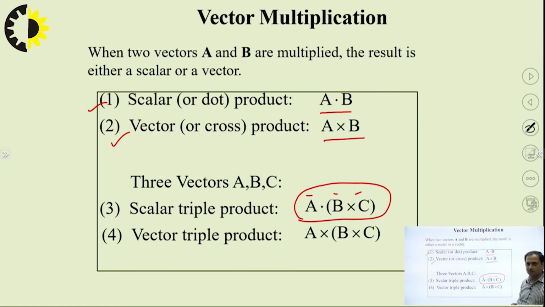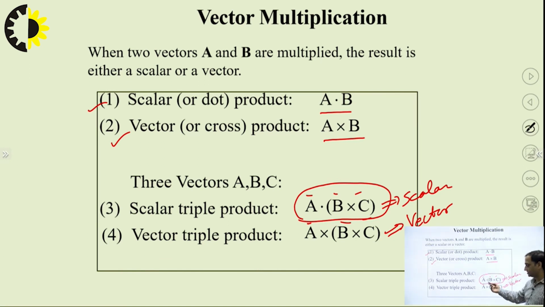When we get the result of this one, the result will be a scalar. Similar to that, when we have the vector triple product, again with vectors A, B and C, the resultant of this multiplication will be a vector. That is why these are the vector triple product and the scalar triple product.